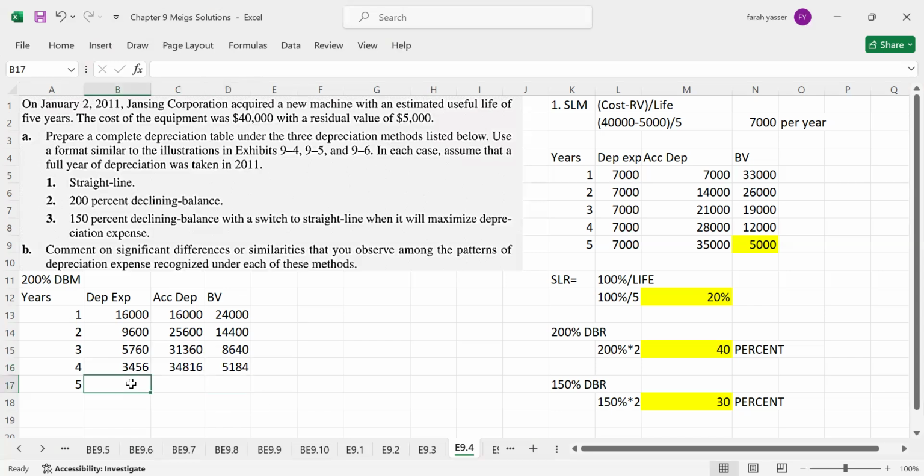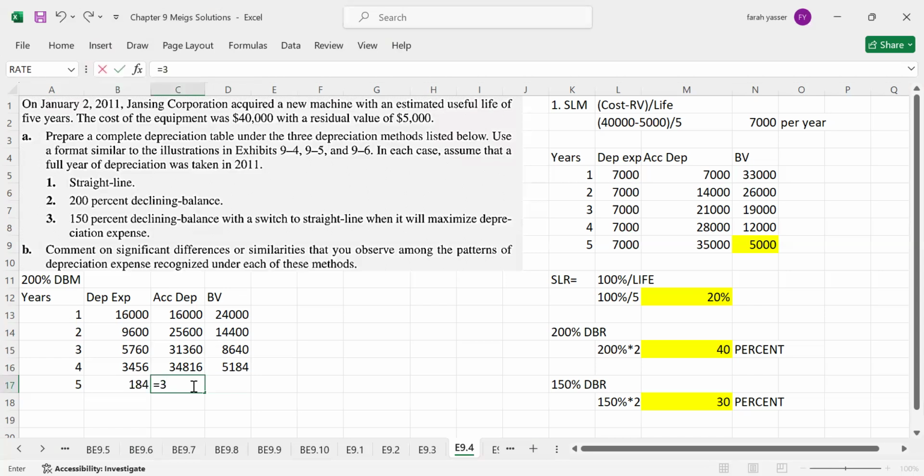So we will simply deduct, we will not use any rate. Simply, this is our book value. Last year book value means current year book value, and we will deduct the residual value, which is 5,000. So depreciation expense is 184.